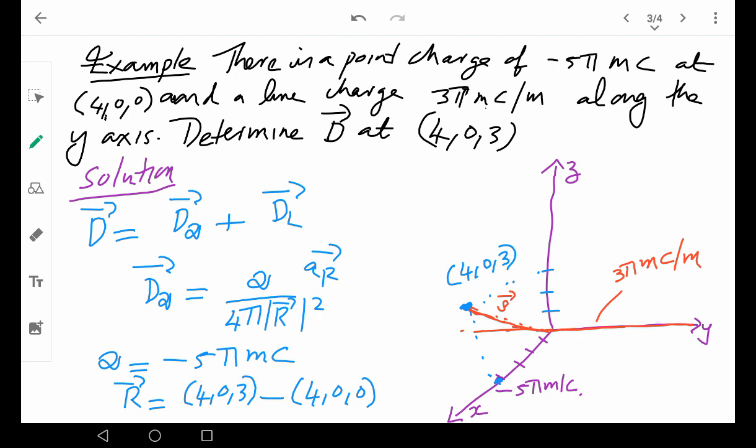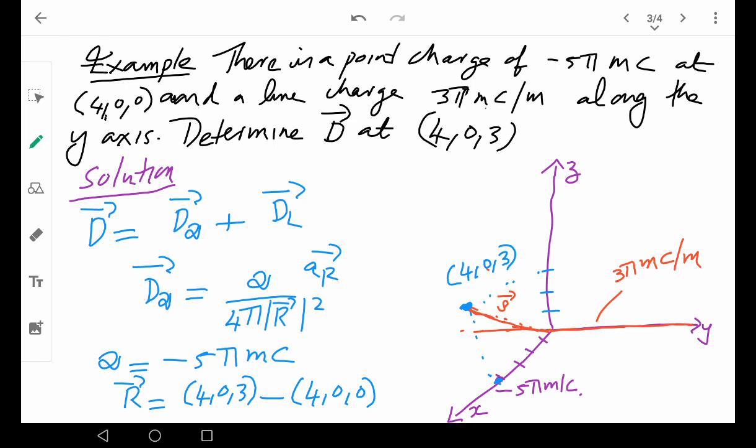As we have said in the previous lecture, you also make y the same value as the y of that point. For that particular point (4, 0, 3), y equal to 0. So you choose a point on the y-axis which also has the same value of y.